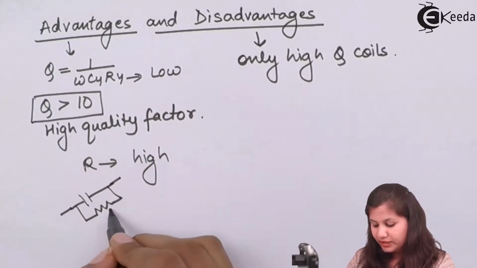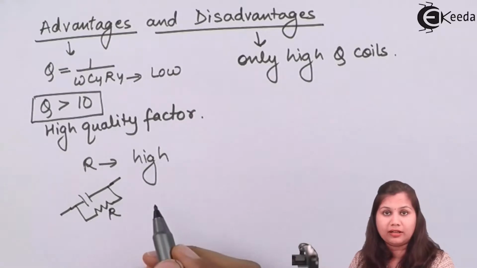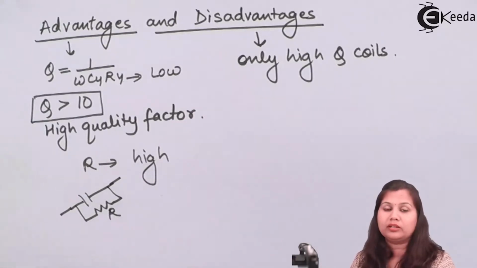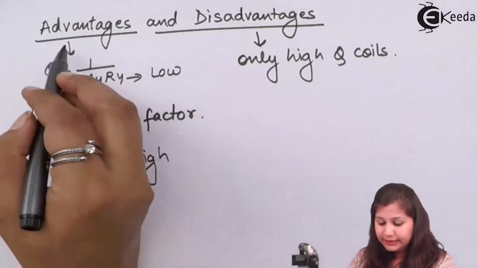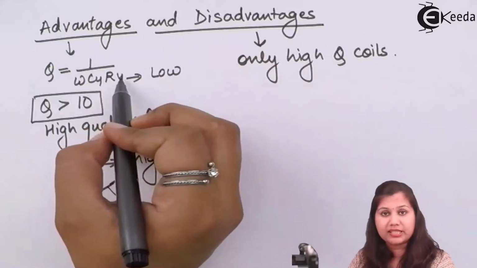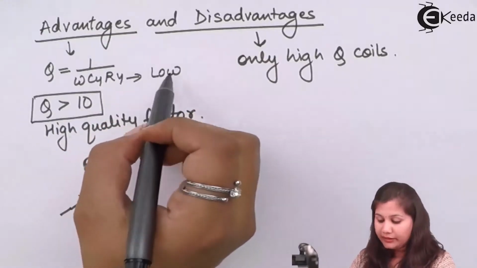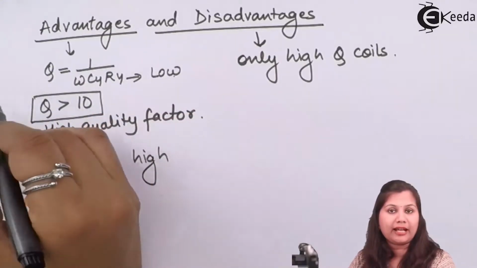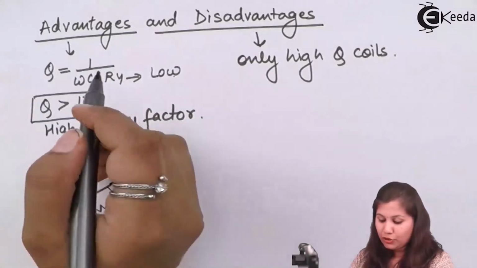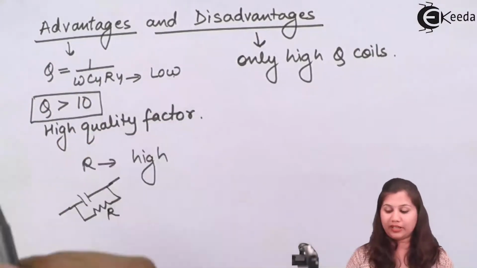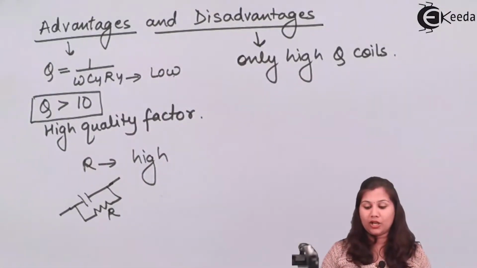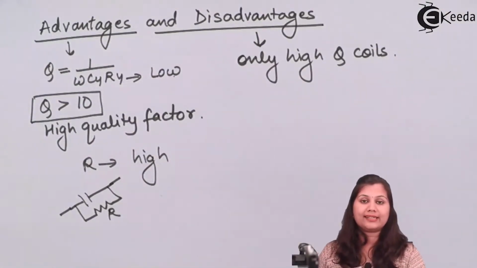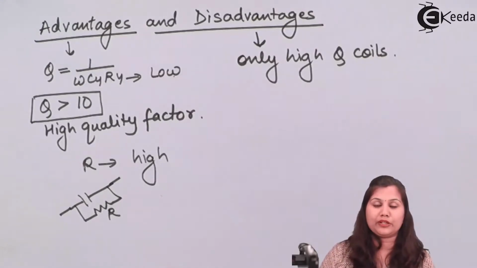So the value of the resistance has to be very high if we want the quality factor to be high. But here we have the resistance very low, and only then will the quality factor be high. So here the value of resistance is low, whereas in Maxwell the value of the resistance is very high.